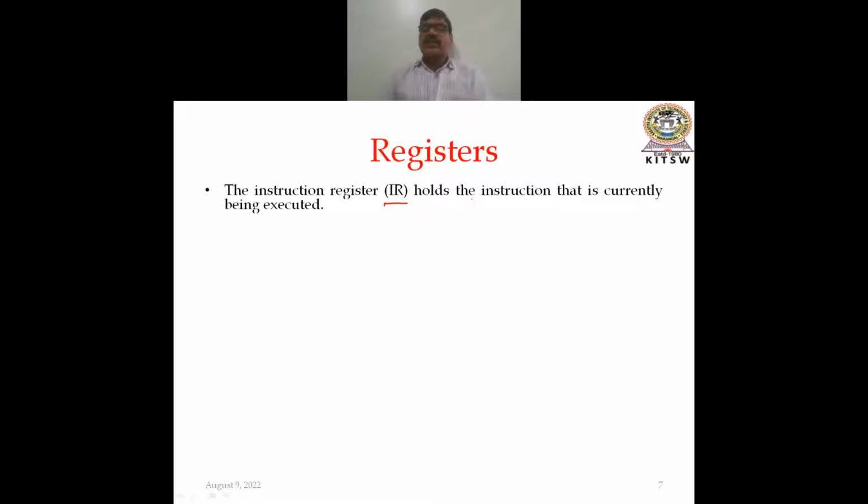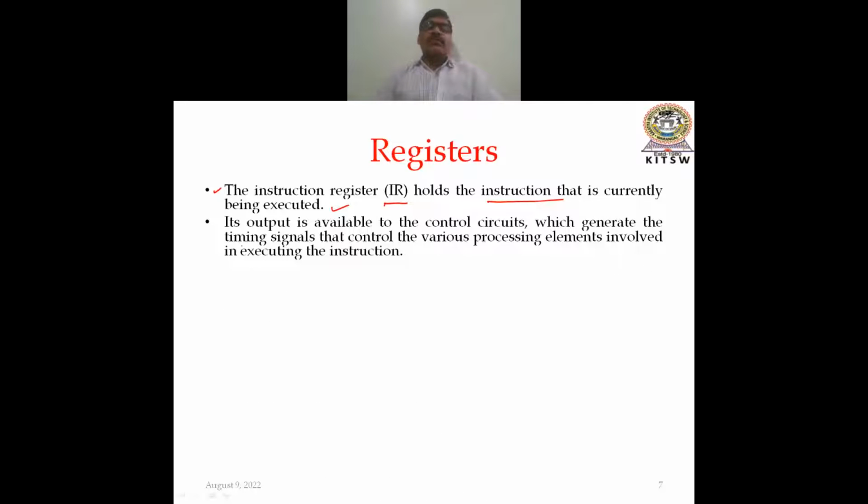The purpose of this instruction register is to hold the instruction that is currently being executed. So what is the instruction currently executing by the processor? That instruction's address will be stored in the instruction register. Please try to understand the purpose of this register. It will store the address of the currently executing instruction.